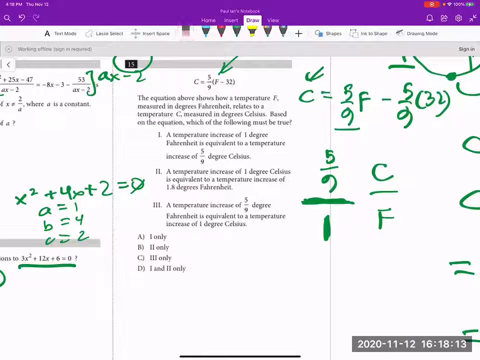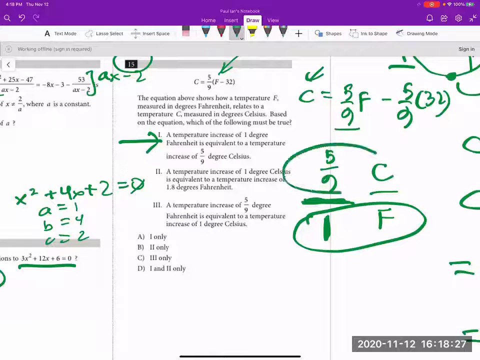And let's reinterpret what this says and then try to match this equation. A temperature increase of 1 degree is equivalent to a temperature increase of 5/9, right? Yeah, I would attack it this way. If you did it another way, you'd probably think one is wrong.